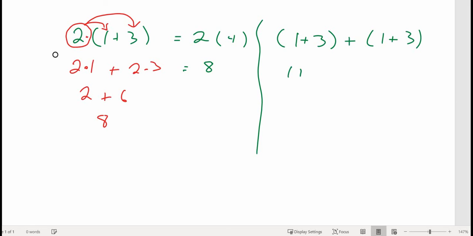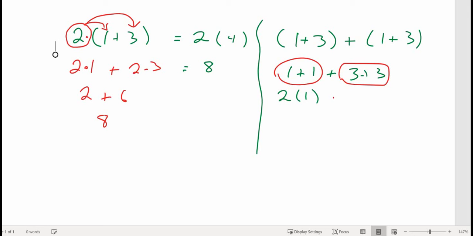So I could write that as 1 plus 1 plus 3 plus 3, or 2 times the 1 plus 2 times the 3, because there's 2 1s here, that's repeated addition, and there's 2 3s. And that's what the distributive property is really kind of doing.